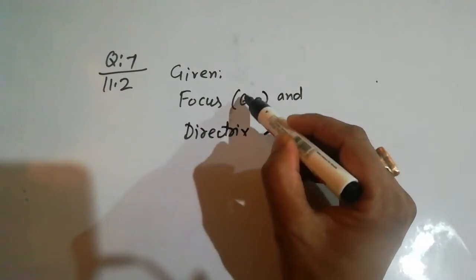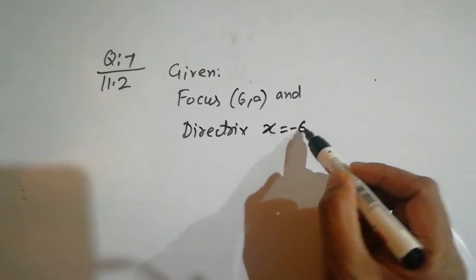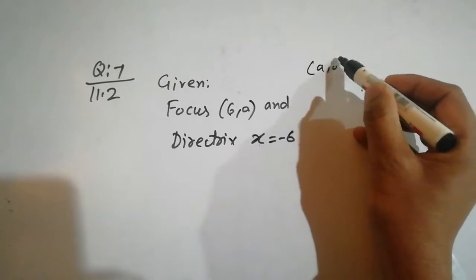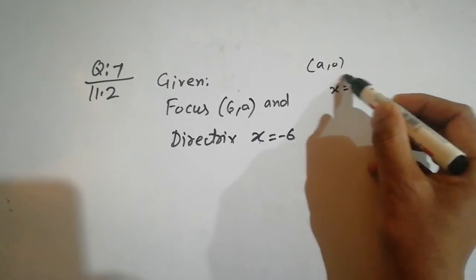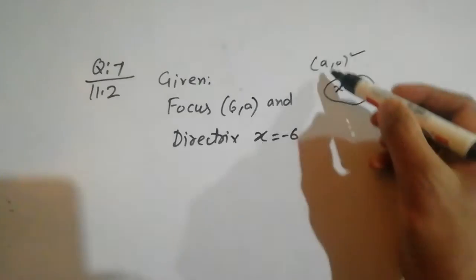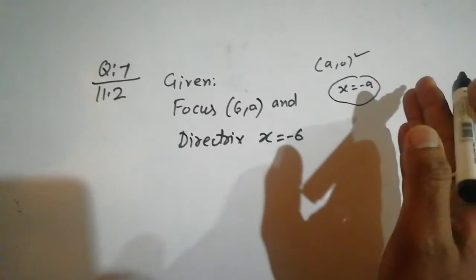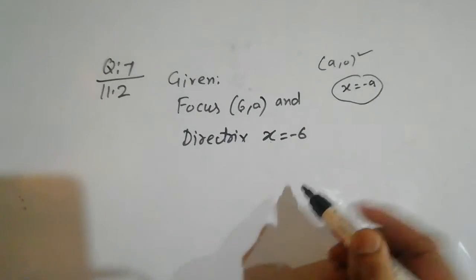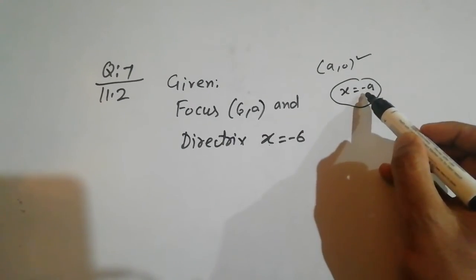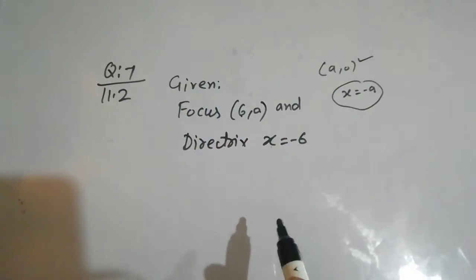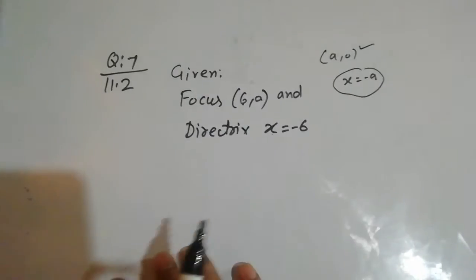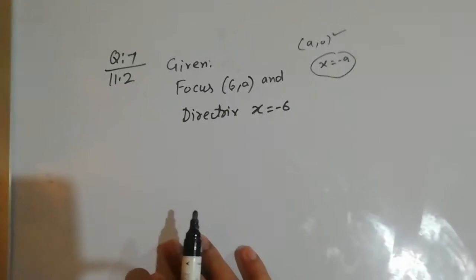This is the focus, a comma 0. This is x equal to -a. Now you know very well a comma 0 is the focus of a right-handed parabola. And this is x equal to -a, it means the directrix is on the left side. So again, this is from your right-handed parabola.